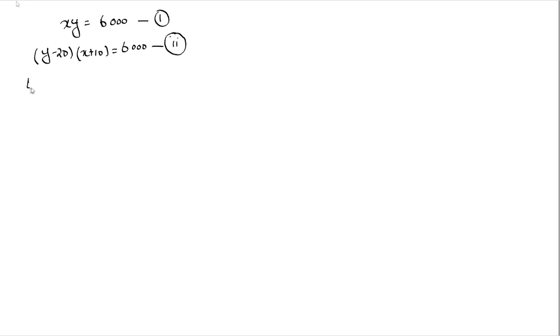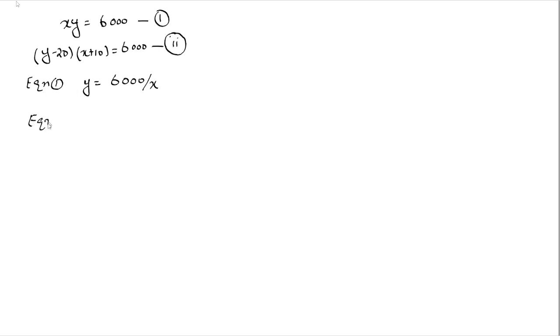So from equation number 1, I will find the value of Y in terms of X, which is 6000 divided by X. Simply, the X is in multiplication on the left hand side, and on the right hand side it will be in division. So now we will insert this value of Y in equation number 2.